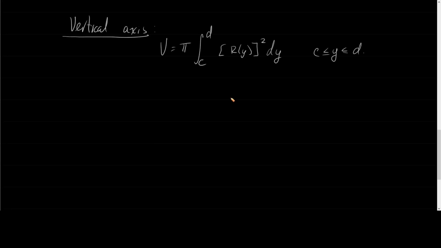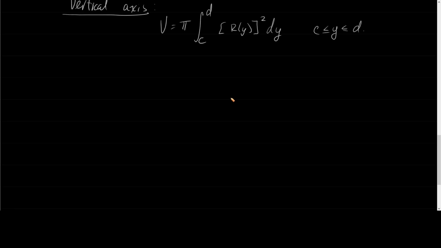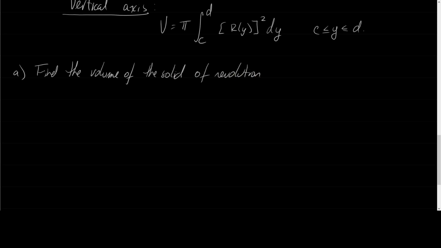Okay, so now let's do a couple of examples. Example A: find the volume of the solid of revolution bounded by, let's say we have f of x equals the square root of sine of x.